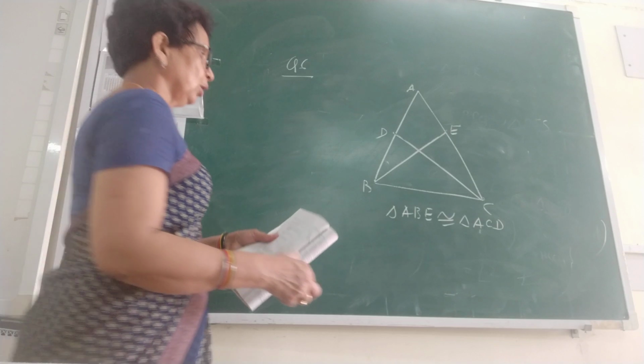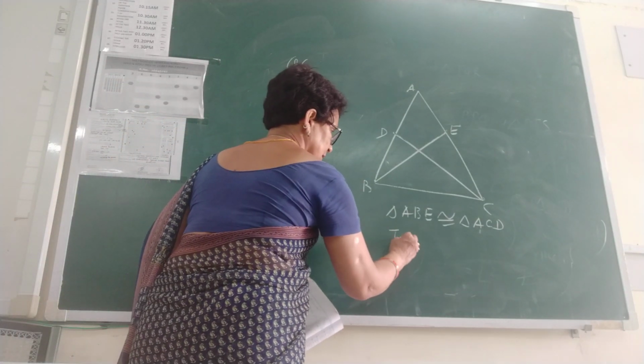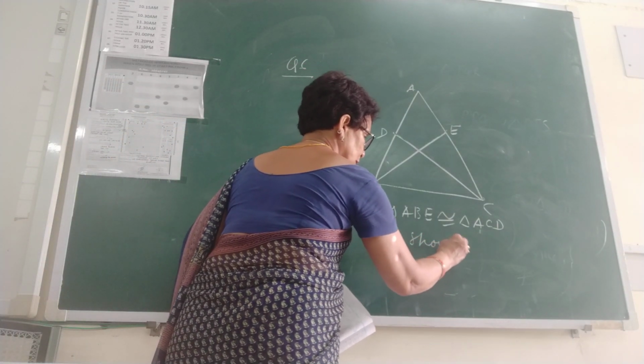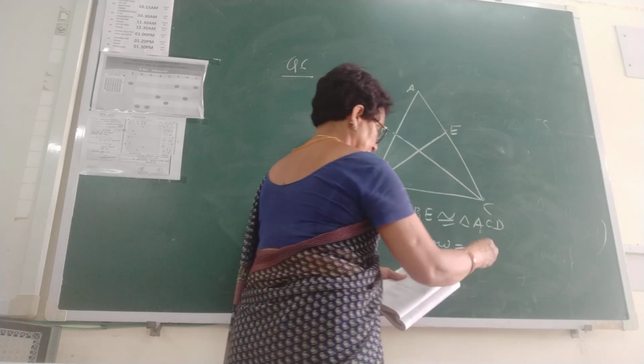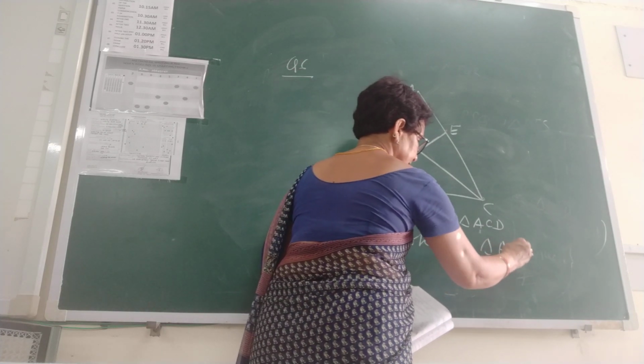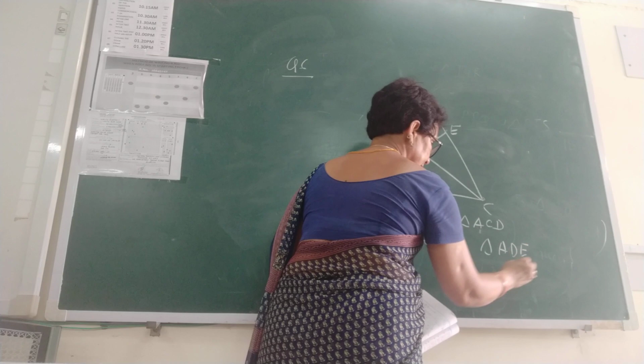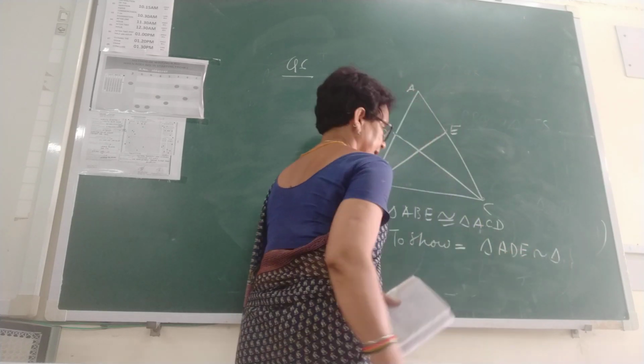We have to show that triangle ADE is similar to triangle ABC.